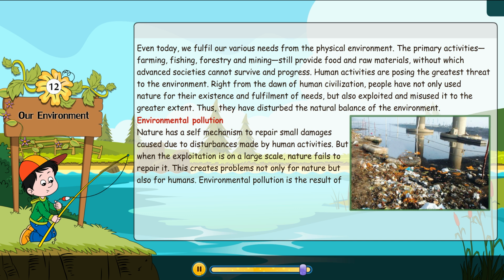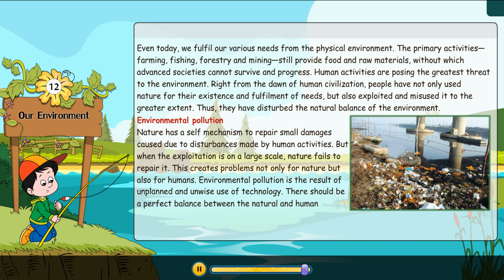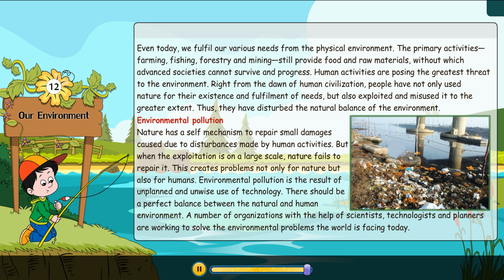Environmental pollution is the result of unplanned and unwise use of technology. There should be a perfect balance between the natural and human environment. A number of organizations, with the help of scientists, technologists, and planners, are working to solve the environmental problems the world is facing today.